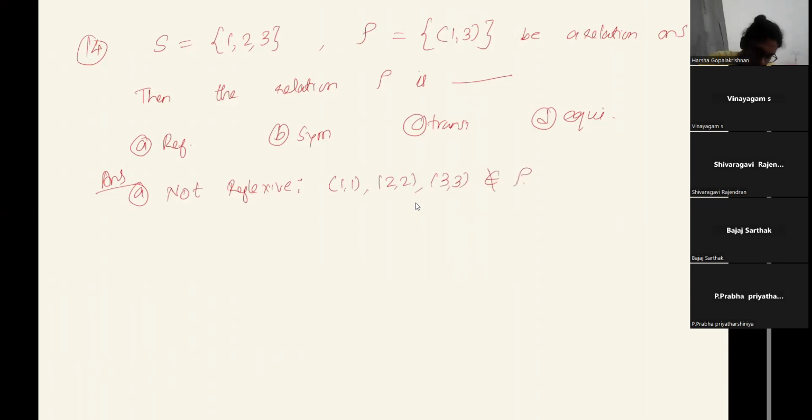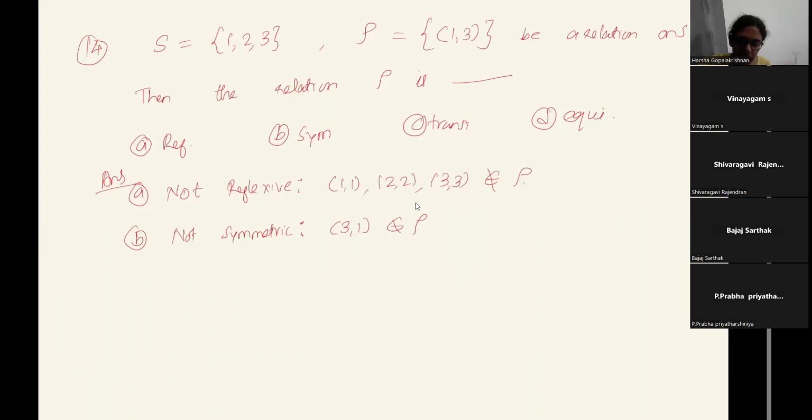Now, is this symmetric? No, not symmetric. Reason? (1, 3) is there, so (3, 1) should be there, but it is not there. If (a, b) is there, then (b, a) should be there; only then is it a symmetric relation.